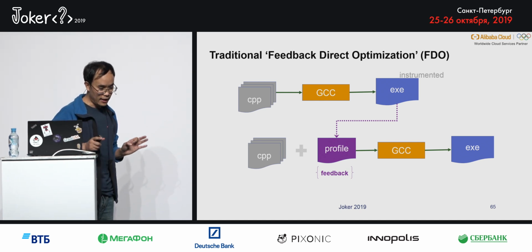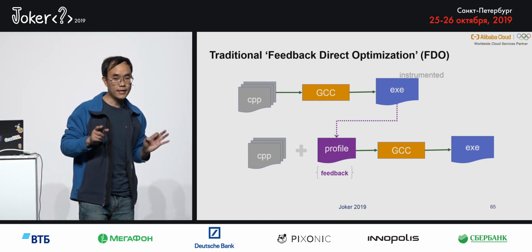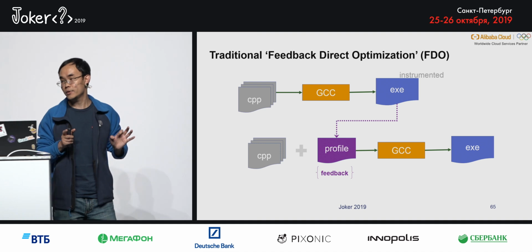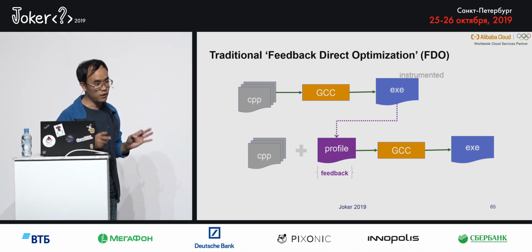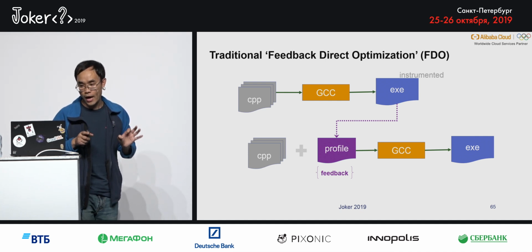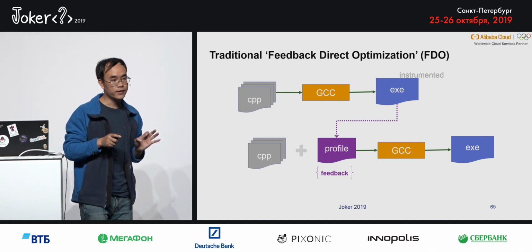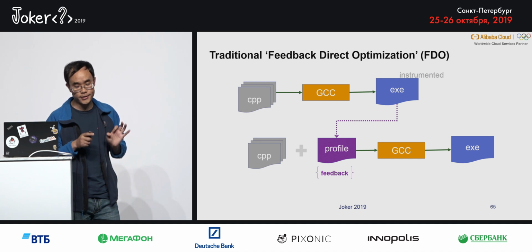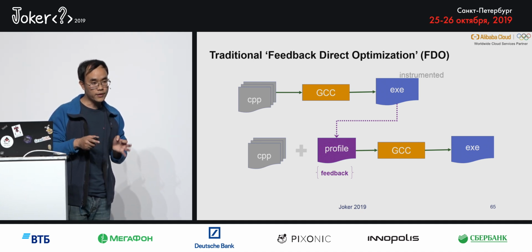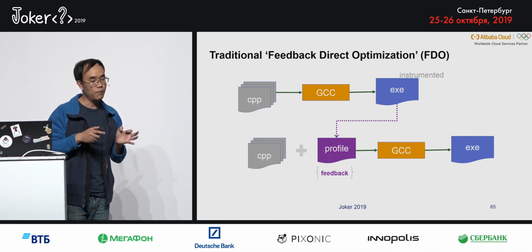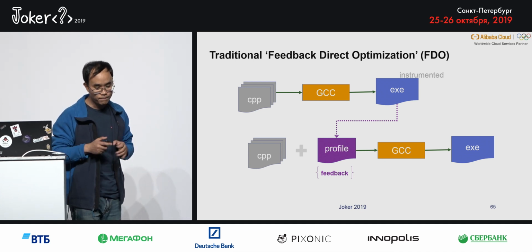So I think this is the last part, and I think time is up. Maybe I can quickly go through the last part, which we call FDO. FDO technology exists for traditional compilers. You can use FDO to generate more optimized code.